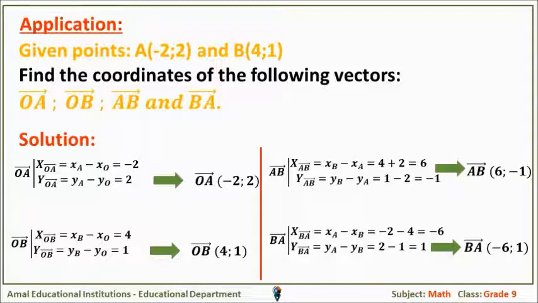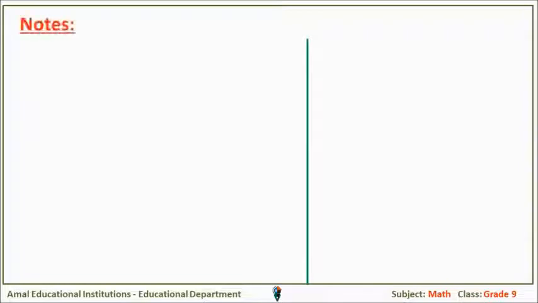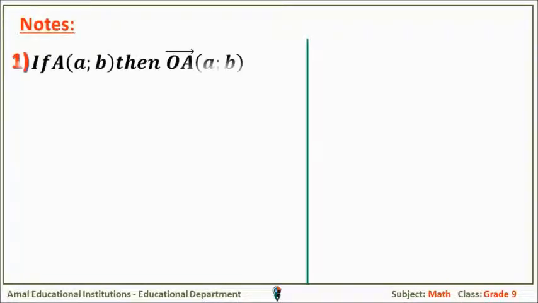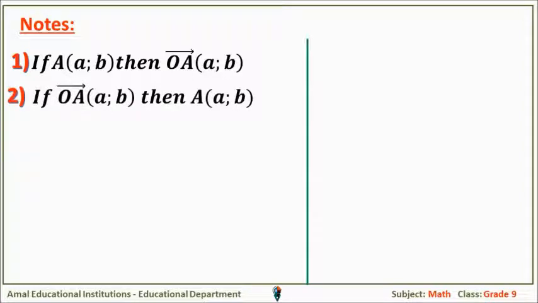What can we deduce from this small application? We will have the following notes. As we noticed in the application, if the point A has the coordinates (a, b), then the vector OA will have the same coordinates (a, b). And vice versa.